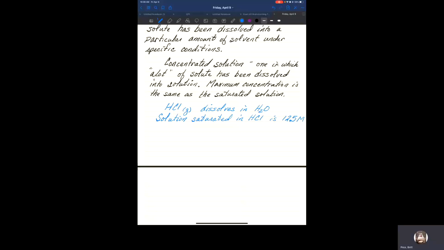It's just a way of expressing a concentration. I consider HCl solutions of, I would say probably 3 molar and higher to be concentrated.